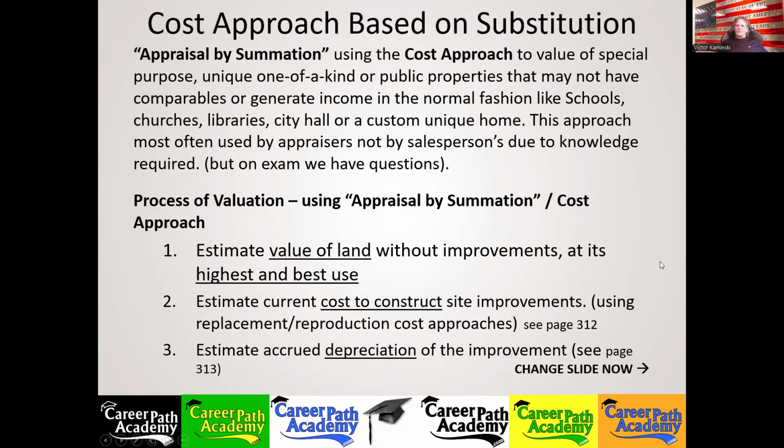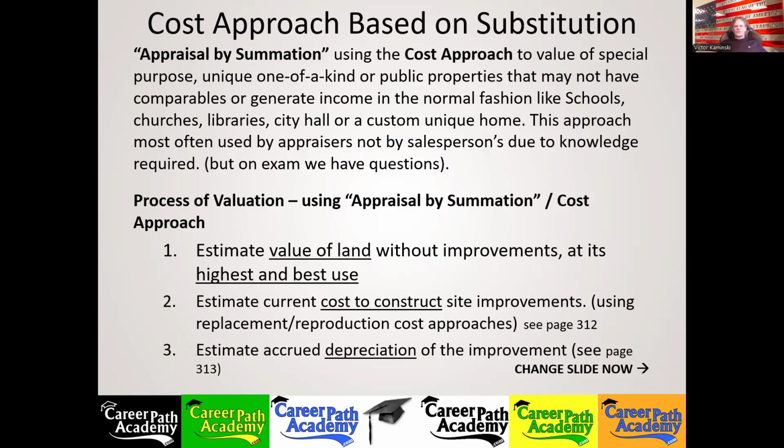Yes, you determine depreciation of an improvement, not of the land itself, because as a general rule, land does not depreciate. Only the improvements to the land do, because the house gets old, it gets termites, things of that nature, but the land doesn't depreciate.